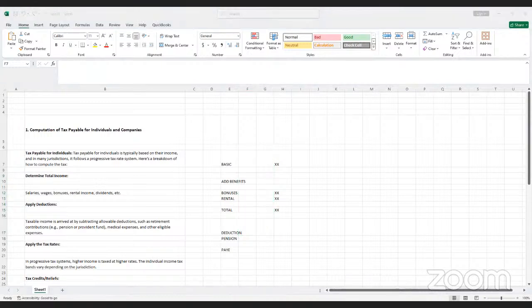You go and search online for the RN software pay calculator.